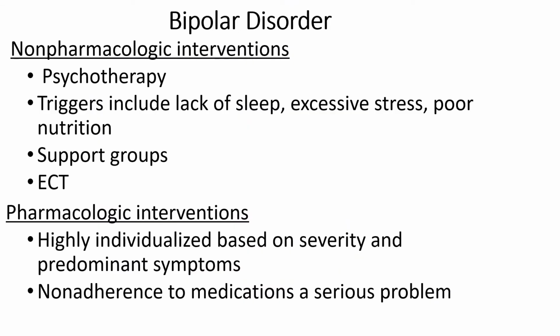Okay, I'm not going to go through the top part of this slide, the psychotherapy, the triggers of lack of sleep. Excessive stress can cause a manic phase or a depressive phase. ECT we've spoken about in terms of depression, so ECT can be used in the depressive phase.